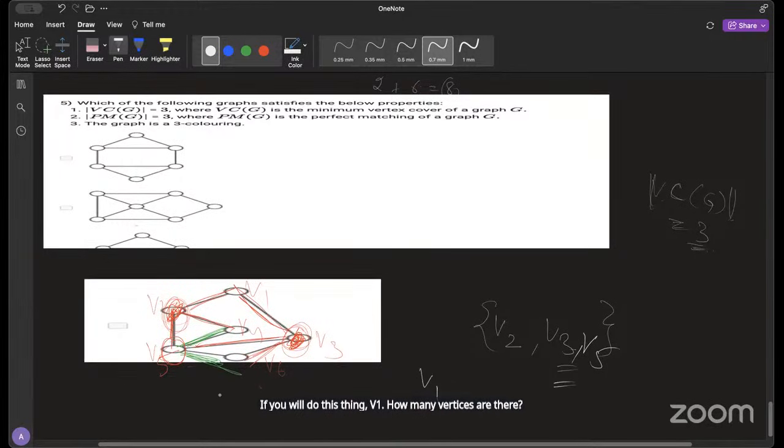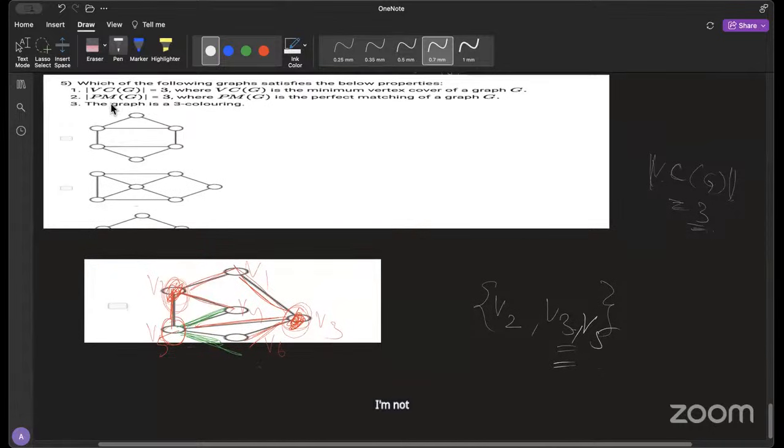It's 6, right? I'm not sure if it's asking the number of perfect matchings or the number of edges in a perfect matching. The number of edges in a perfect matching always remains the same. Maybe it's asking about the pairs, V1, V3. So it's asking about the pairs, it has to be 3.